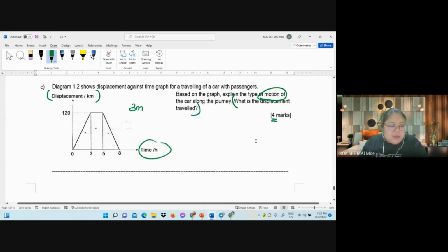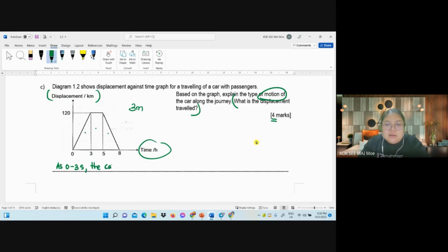Okay, now we're going to see how to answer the first one. So the first one, you must say 0 to 3 seconds. Then you mention what happened. The car move constant velocity. Okay, you want to mention also can.